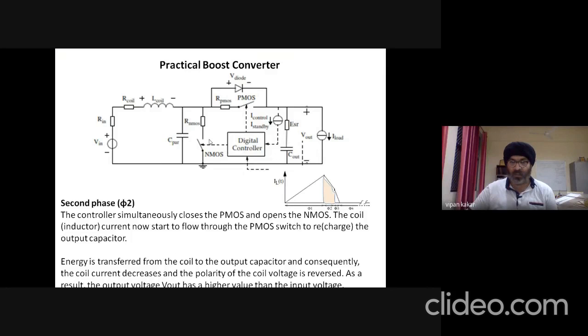So when the current starts to flow from this stored energy in the inductor, which reverses its polarity when PMOS is switched on, the current flows through this PMOS. It starts to charge this capacitor C out, as we saw in the previous slides. So now this energy is transferred from this inductive coil to the capacitor.